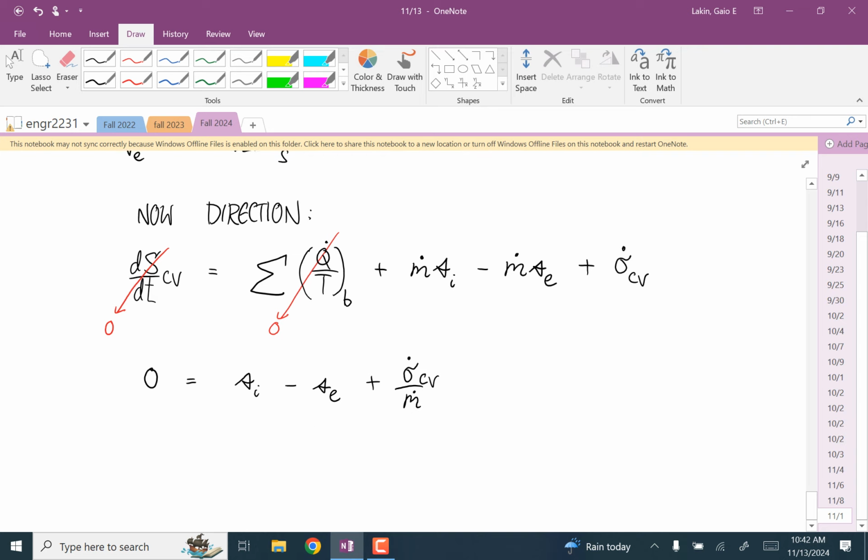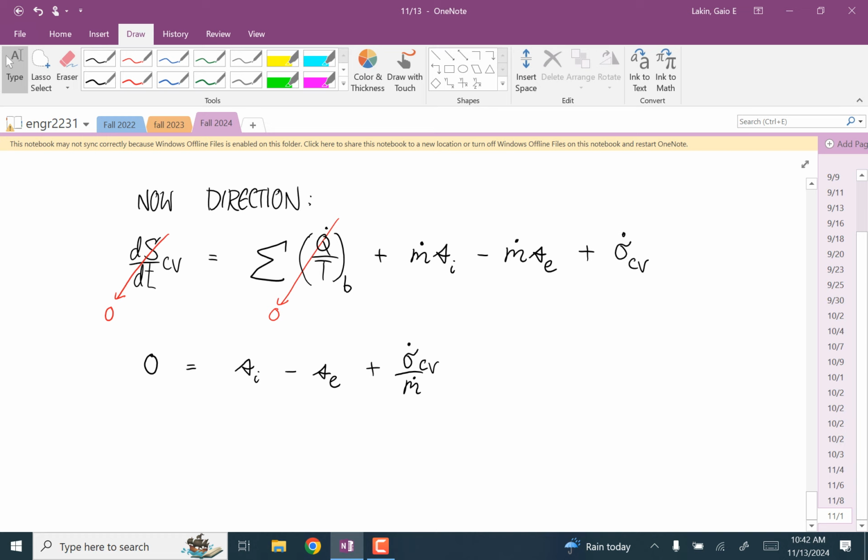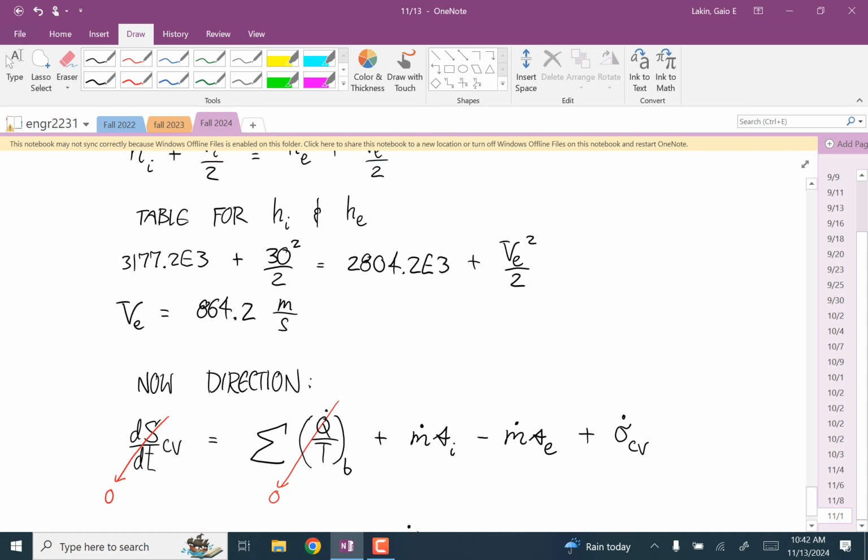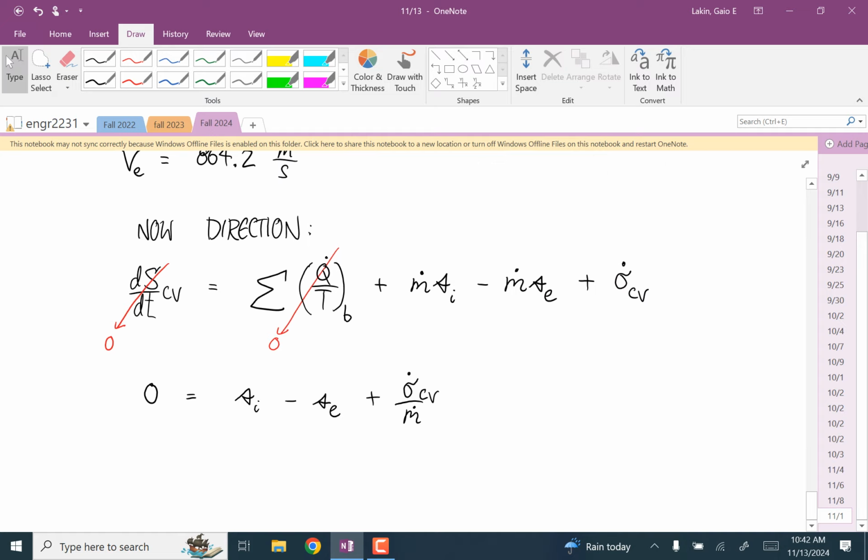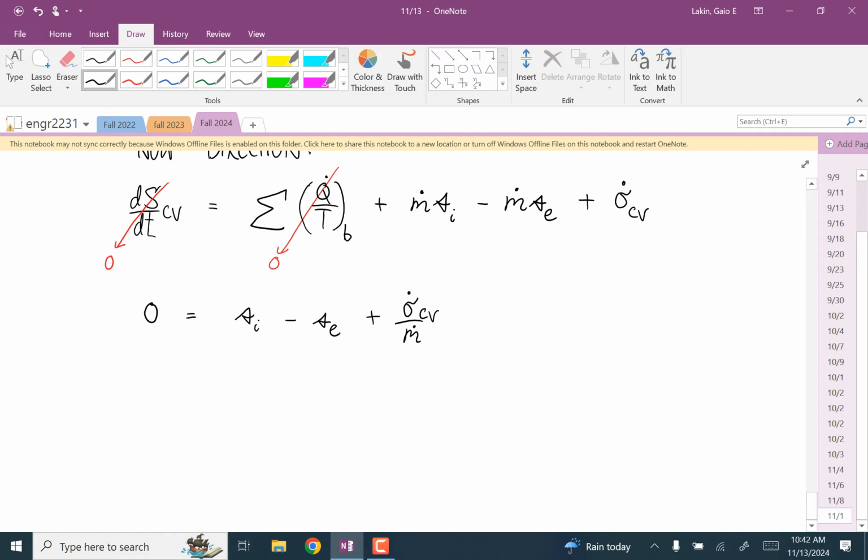We've already used the table. Oh no, we didn't, not for specific entropy. So now the table for the specific entropy values. So we can say Se minus Si is equal to sigma dot over m dot.